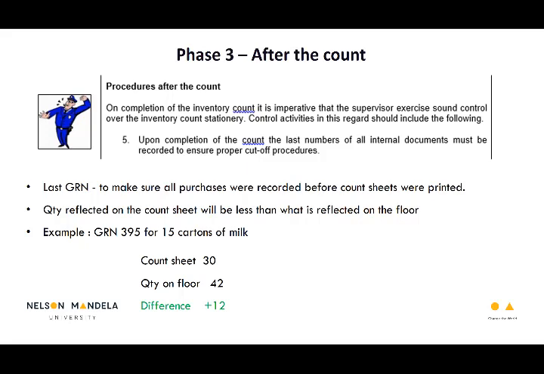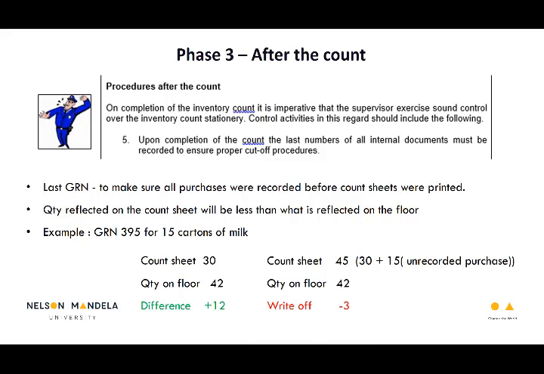However, if we check the cutoff numbers and we realize that there was a purchase of 15 cartons of milk that was not recorded, our count sheet should have actually reflected 45, which is the 30 plus the 15 cartons of milk, which relates to that unrecorded purchase. When that 45 is now compared to the quantity on the floor of 42, we realize that we should have actually had a write-off of 3.